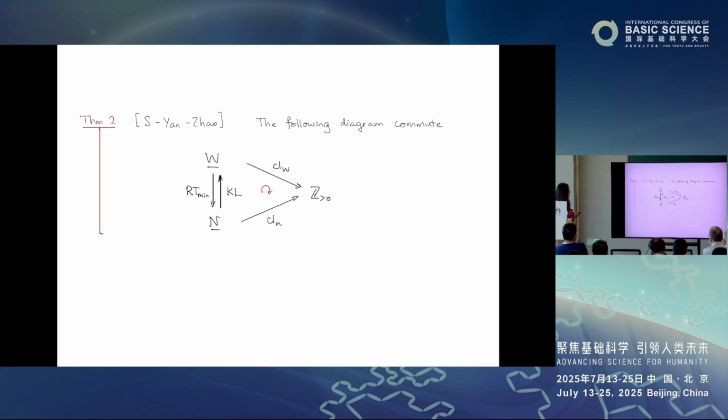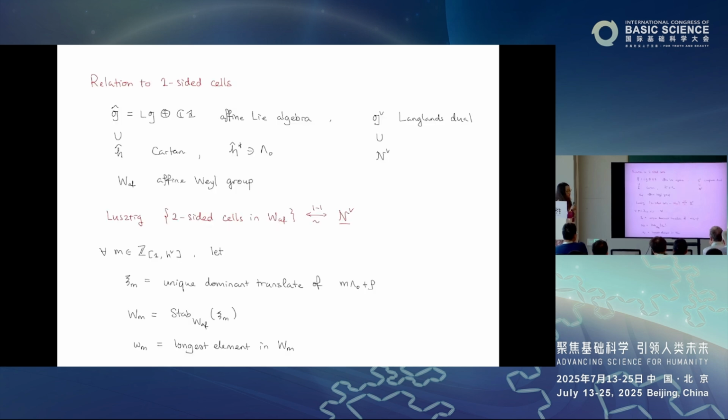Okay, and the third thing we want to relate it to is so-called two-sided cells. As I said, I'll tell you all the results we have, and then I'll tell you the connections between these results. To talk about two-sided cells, we consider the affine Lie algebra. This is a central extension of the loop algebra. I fix a finite Cartan, and the Cartan here, H hat, is that plus the central element, and take its dual.